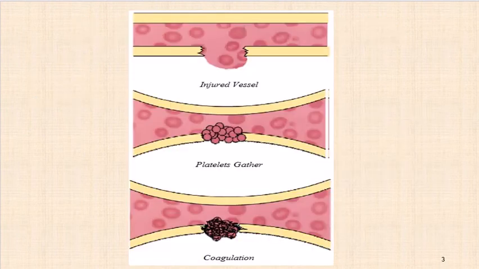Like this, if this vessel is cut here, there is little vasoconstriction here to reduce the blood flow, to reduce the blood loss. Then the platelets adhere to this endothelium, and then the platelets adhere to one another, and in this way platelets gather and a platelet plug is formed to block the flowing blood.